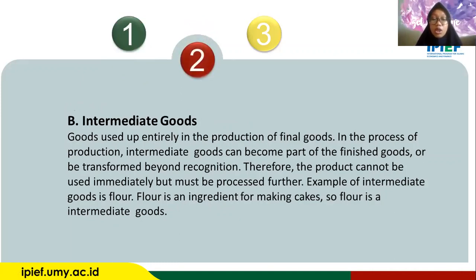And the second is intermediate goods. These are goods used up entirely in the production of final goods. In the process of production, intermediate goods can become part of the finished goods or be transformed. Therefore, the product cannot be used immediately but must be processed first. For example, an intermediate good is flour.